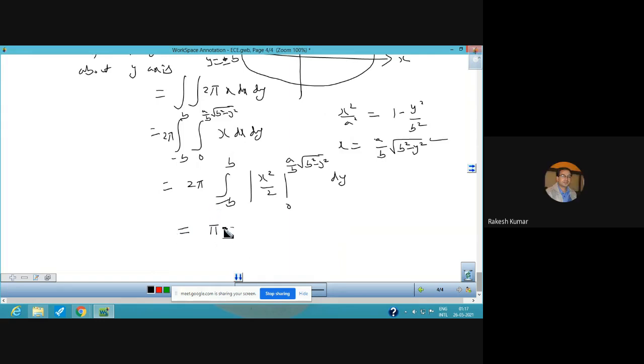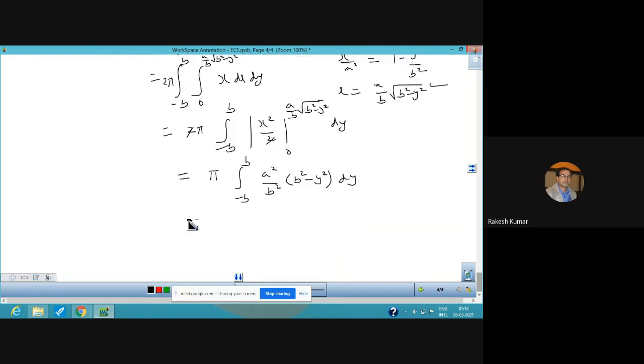So this is pi because 2 will be cancelled here. So minus b to b, put the upper limit here. You will have a square over b square into b square minus y square, because of the square, the square root will vanish. For the lower limit 0, it will give you 0.